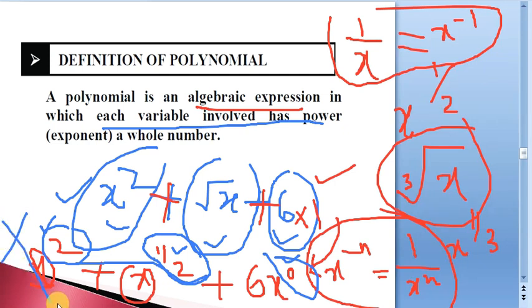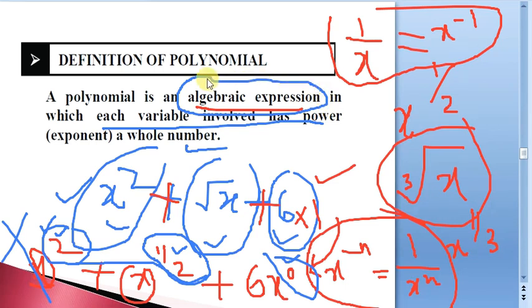The rule is very simple. We just have to look at the powers of the variables. If all the powers, I repeat, are whole numbers, then it is a polynomial. Otherwise it won't be a polynomial, but it will be an algebraic expression. Why? Because an algebraic expression itself is a combination of variables, constants, and some mathematical operators.